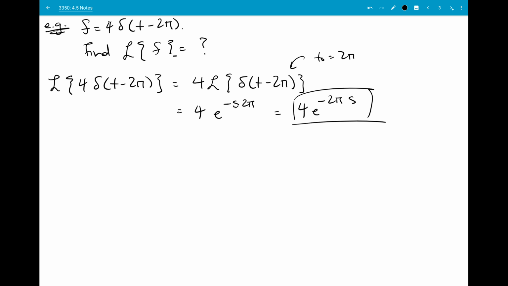And then what we're going to go ahead and do is, in our next video, we'll turn this into a differential equation problem. So let's go ahead and write that right now.